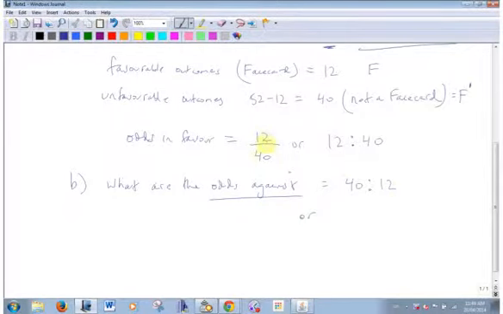I didn't do it here, but your answers are always going to be simplified, right? It's nice to have the numbers because you know there's 12 face cards, but as a simplified answer, well, 4 goes in there 3 times, 4 goes in there 10. So this would also be written as 10 to 3, and that's how the answer in the back will be. Okay, they simplify them.